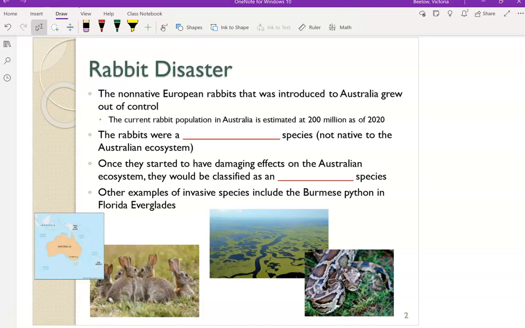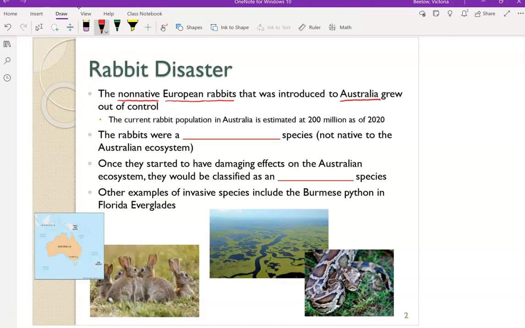A really good example of a non-native species was in Australia. There was a rabbit that was from Europe, and it was introduced to Australia. A non-native species means that species isn't native to that area. It doesn't originate from that area.